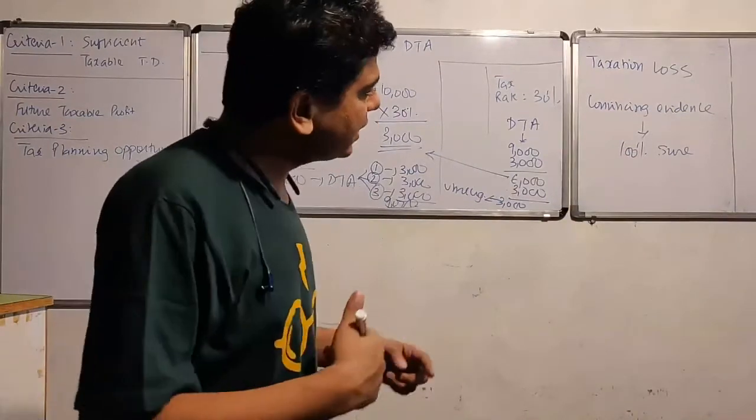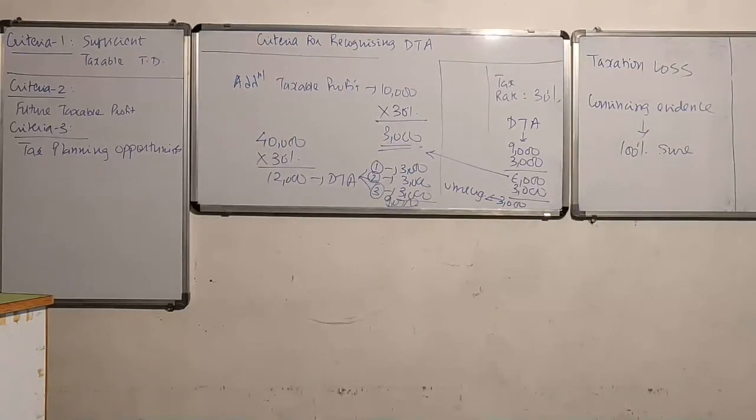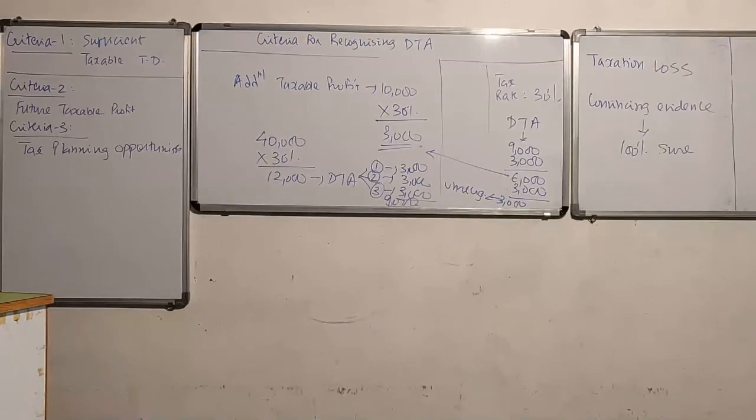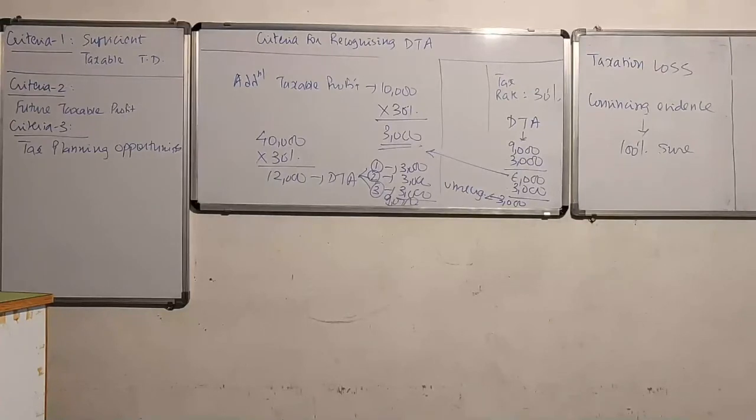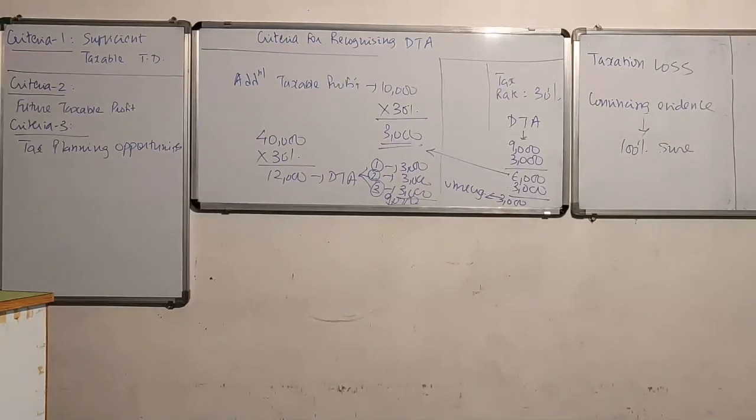You should keep on asking yourself whenever you prepare the balance sheet that if I apply these three criteria, is it now possible to recognize further DTA? At the end of any balance sheet date, if you come to a conclusion that yes, now the DTA is realizable, then whatever is the unrecognized amount can finally be recognized. But as far as the current year is considered, I'll be able to recognize DTA only of 9,000. 3,000 DTA, I will ignore.